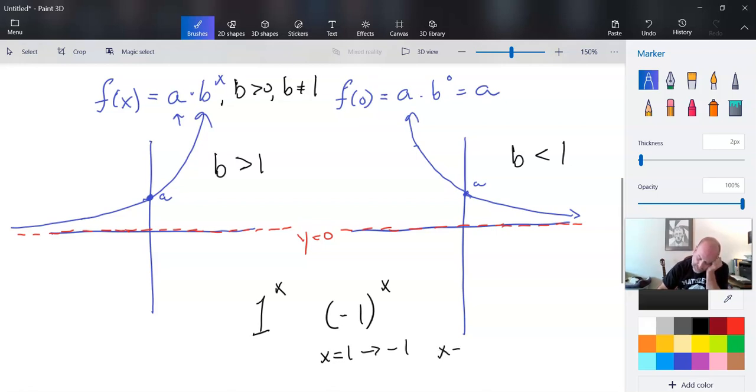If x equals 2, I get positive 1. But if x equals, say, 1/2, I get i. So it becomes one of those things where every little division is going to bounce between positive, negative, imaginary and real, all this kind of stuff. So we just throw out all the negatives because they cause too many problems.